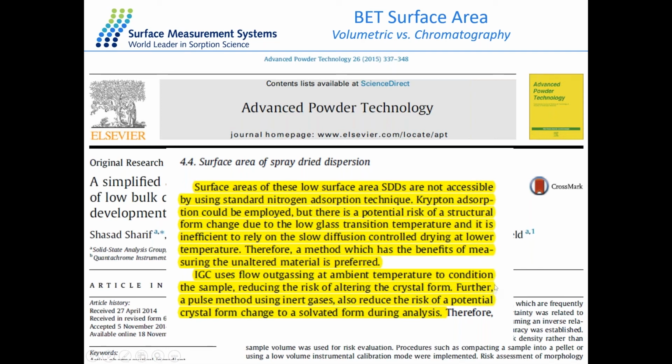In this case, our systems can overcome this, and we can carry out the experiments at ambient temperatures and less harsh conditions, so we don't alter any of the properties or defects on the surface of the sample.